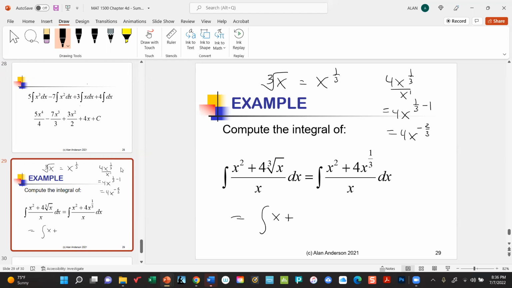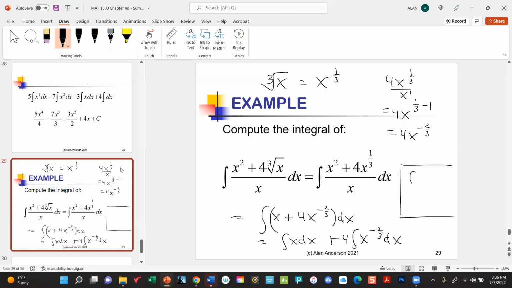So this second integral, well, actually, we can start like this. And then we can break it up into 2 separate integrals. And now, of course, we can use this rule on both of them, because in neither case is n equal to -1.